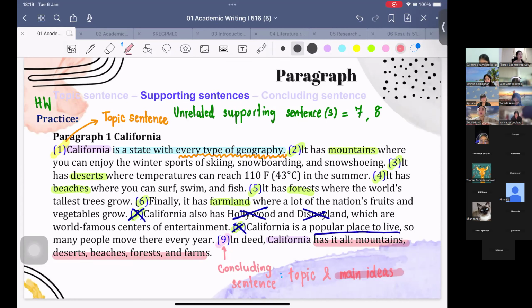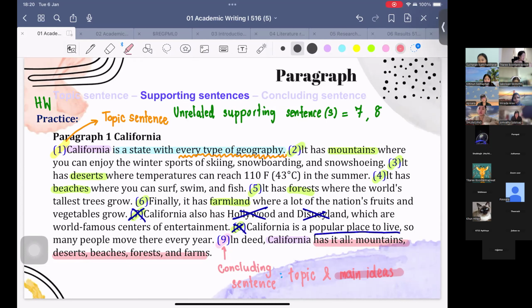But yes, definitely under each main idea, you might have some kind of explanation. As you can see, one of the main ideas is mountains, and then maybe some extra elaborations link to mountains. That is okay as well.